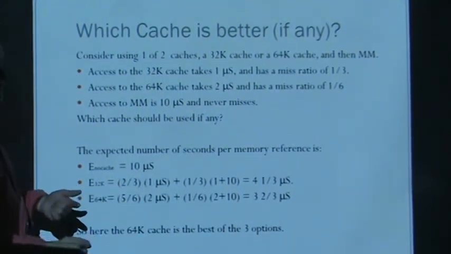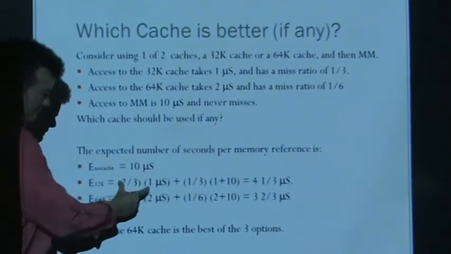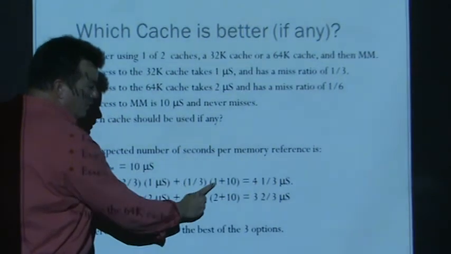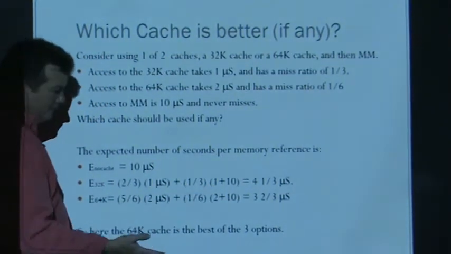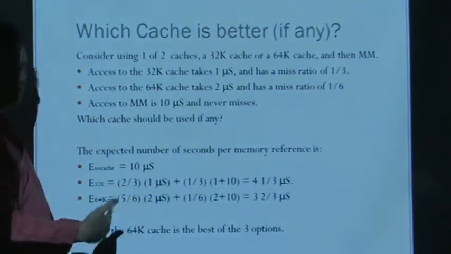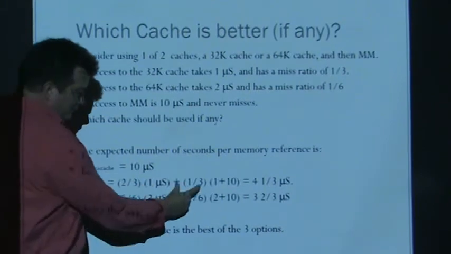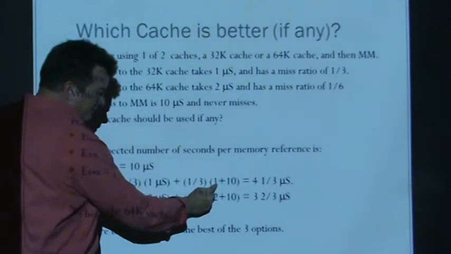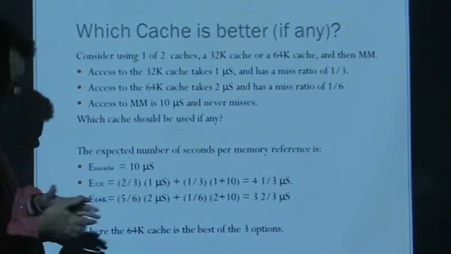And the percentage of time we're not in the cache, which is 1/3, the miss ratio, we're going to spend 1 nanosecond looking in the cache and realize it's not there, and then another 10 nanoseconds looking in main memory and finding it there. So 2/3 times 1 plus 1/3 times 11 comes out to 4 1/3 nanoseconds on average.